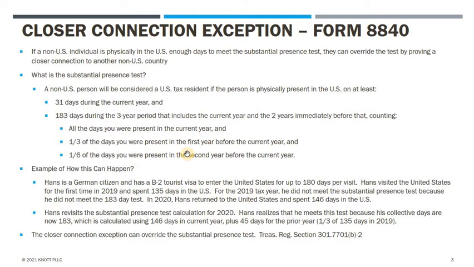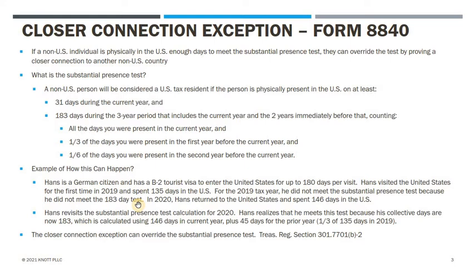So what did Hans do? Hans visited the United States for the first time in 2019. He had never been to the U.S. before. So that's where we're starting here. 2019, and he was in the country for 135 days. Okay, so for the 2019 tax year, he did not meet the substantial presence test because he did not meet that 183-day test, right?